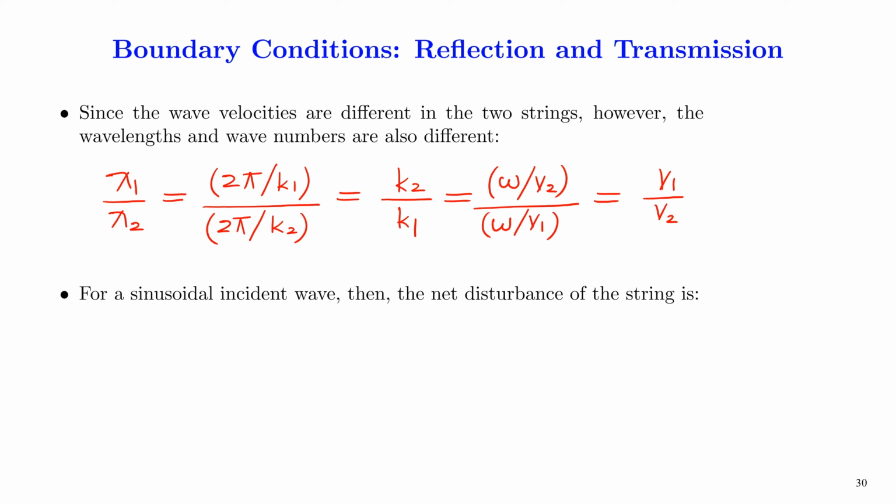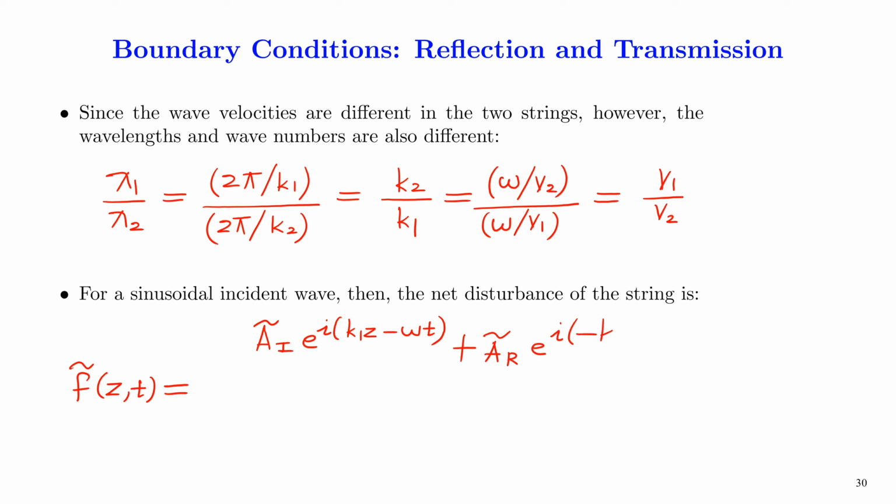For a sinusoidal incident wave, the net disturbance on the string will be a linear combination of incident and reflected waves for z less than 0 and only the transmitted wave for z greater than 0. So this can be mathematically written as complex f(z,t) equal to Ai e raised to i(k1 z minus omega t) plus complex AR e raised to i(negative k1 z minus omega t).